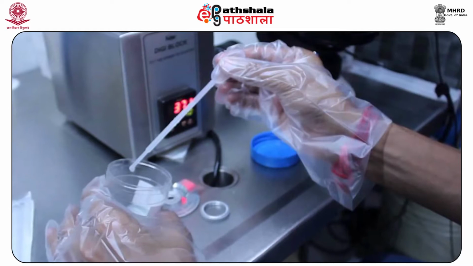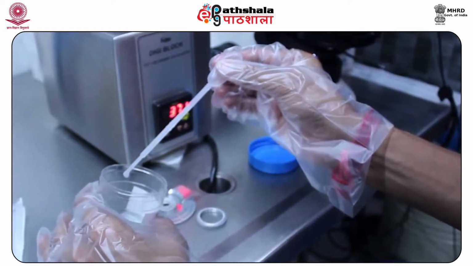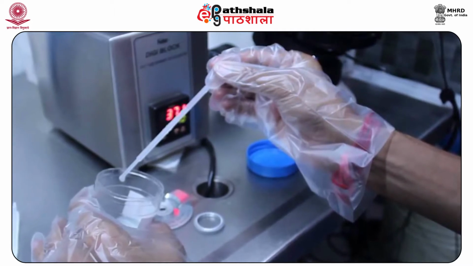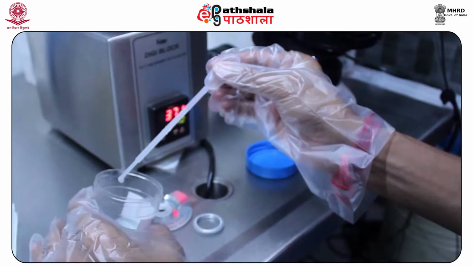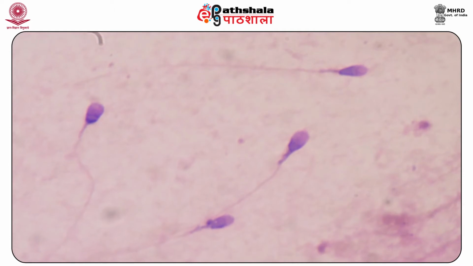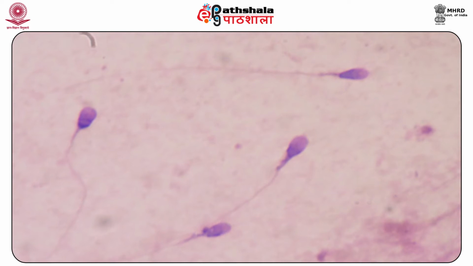Thus, by applying the test, a suspected azoospermic or vasectomized person who is a suspect of sexual offense may be identified.